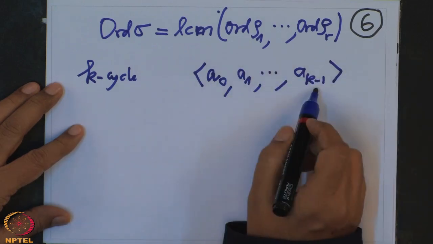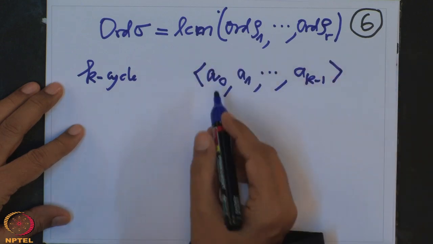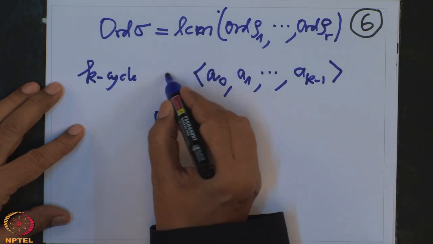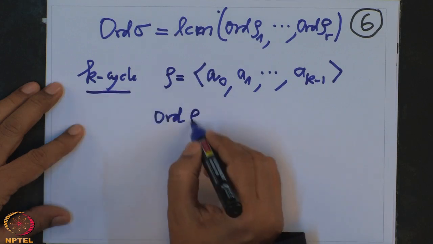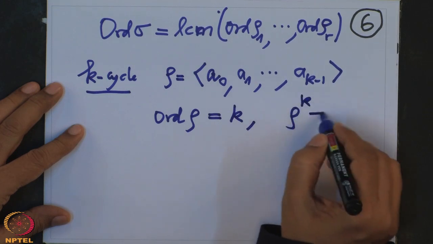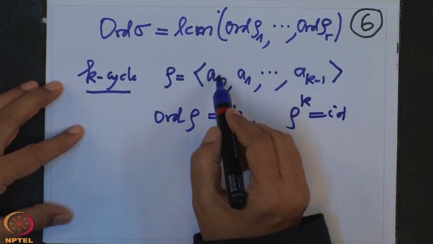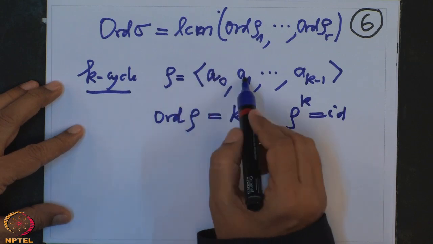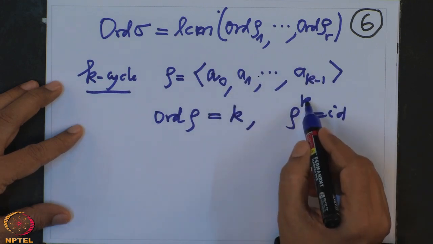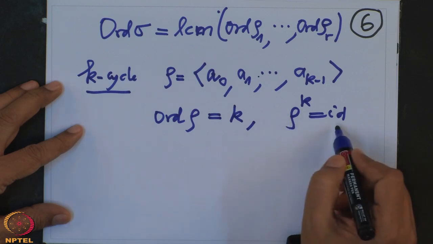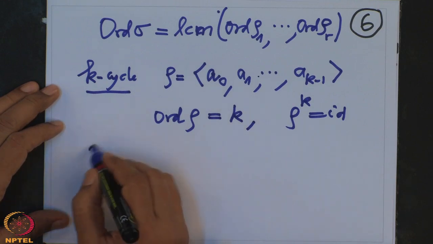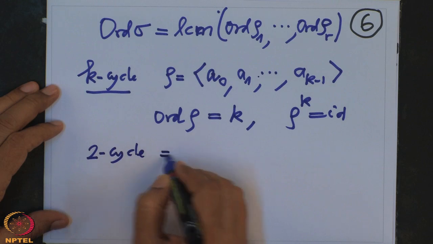Remaining elements which are not here, they are fixed. So, if you call this k cycle rho, then the order of rho will be nothing but k. That means rho power k is identity. That is easy, because rho maps A0 to A1, rho square will map A0 to A2, and so on. When you take k times composition of rho with itself, you get back identity. So, for example, the order of, if you take a 2 cycle, which is also called a transposition.